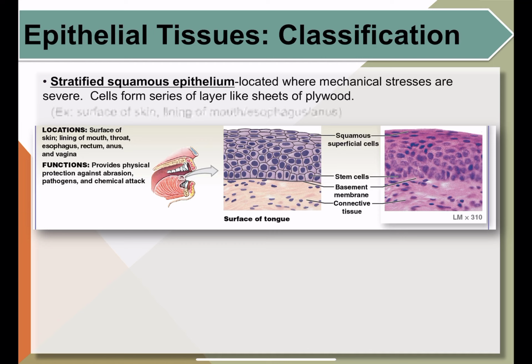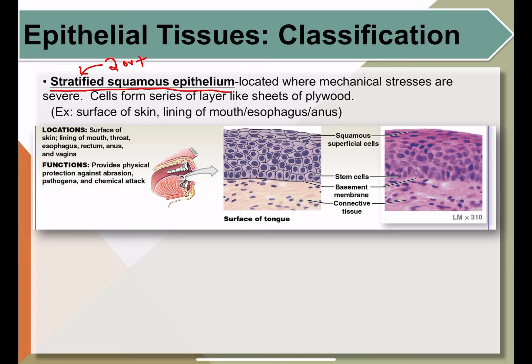So the next kind of specific epithelial tissue we will classify is stratified squamous epithelium. Stratified here means that there are two or more layers of epithelial cells that make up this epithelium.